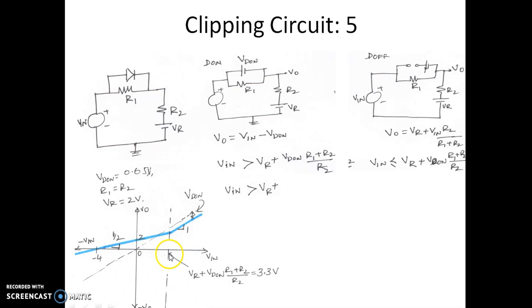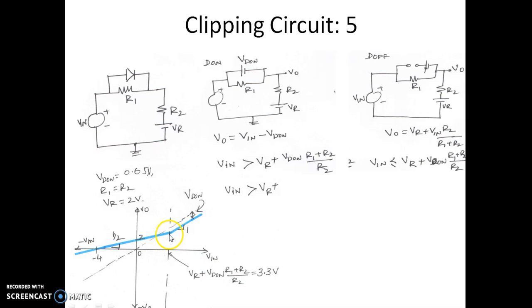And if the input voltage is less than 3.3 volts, as we saw here, the output voltage is Vr plus half the input voltage. Now you can see this is Vr, 2 volts, and it is half the input voltage. This is occurring at 3.3 volts.